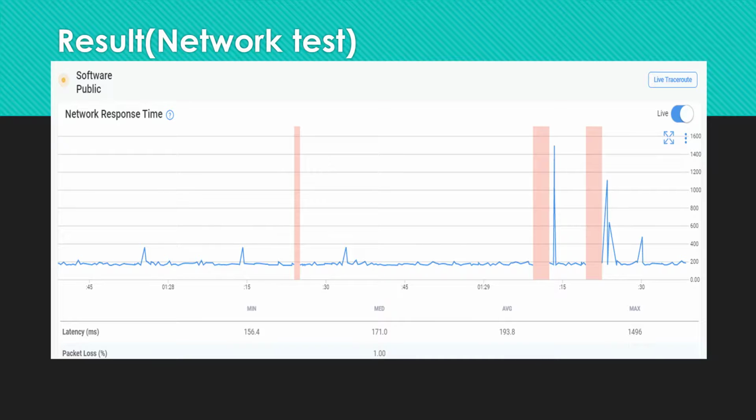Next, we go to the result of the network test. Based on this graph, the network testing was done on the server computer using a network monitoring tool called OpManager application software. Based on the graph, the network performance was recorded to observe the network latency in the server computer.